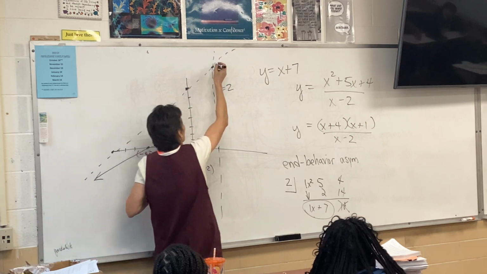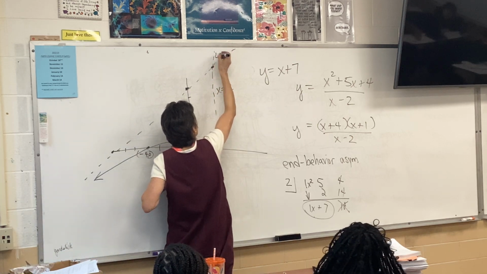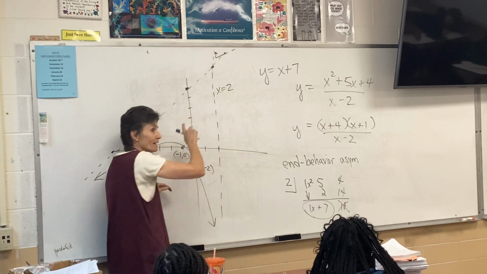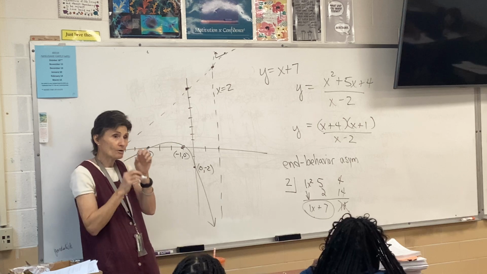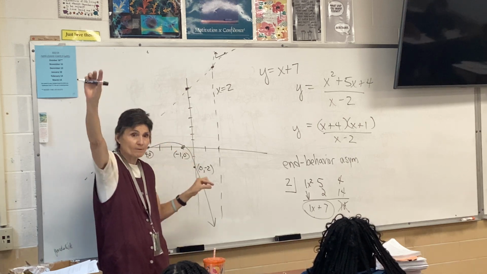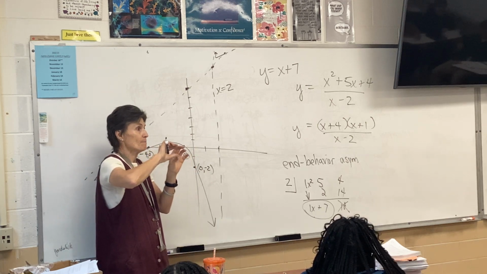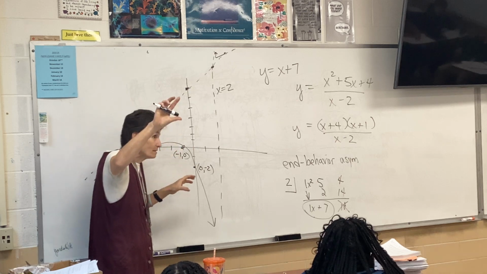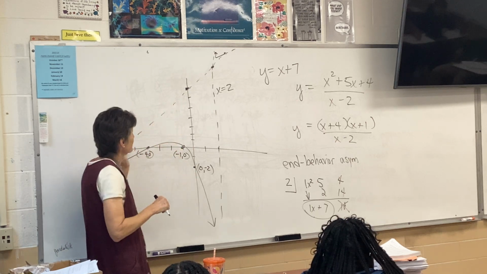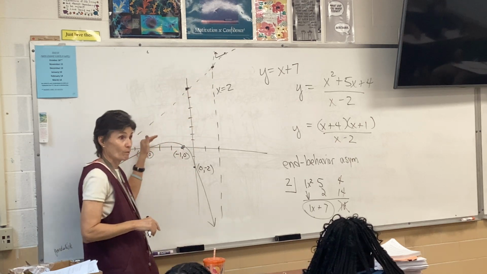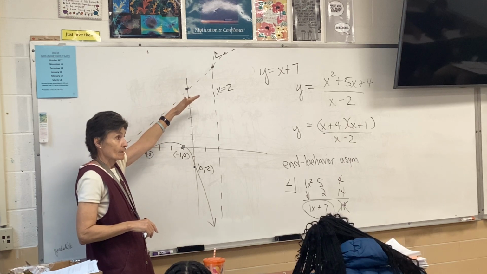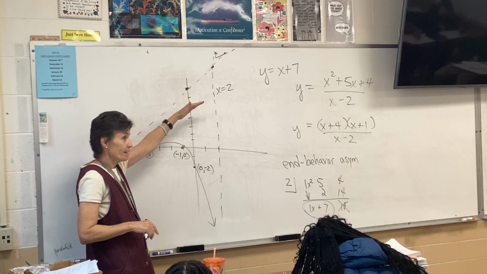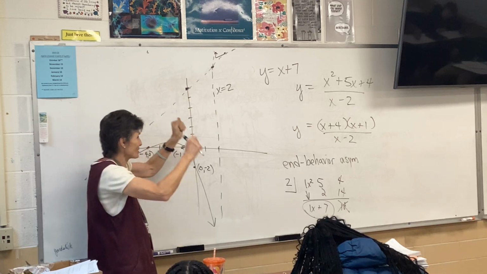Yep, right up here. I don't have much room, but it's right up there in that little space. Because when we graph these, aren't the two pieces across from each other? This time, they're across from each other diagonally because of the slant asymptote. This is sometimes referred to as a slant asymptote. Okay? Oh my gosh, we learned something today.